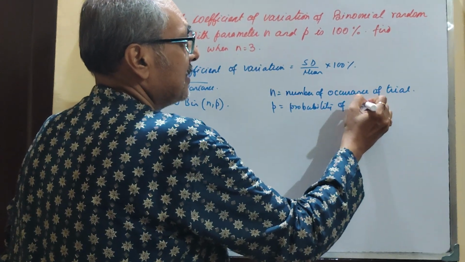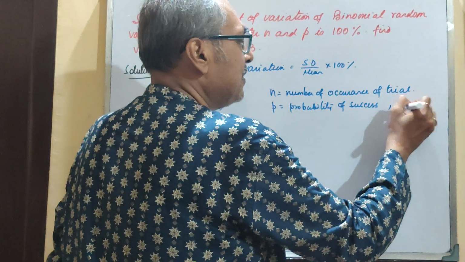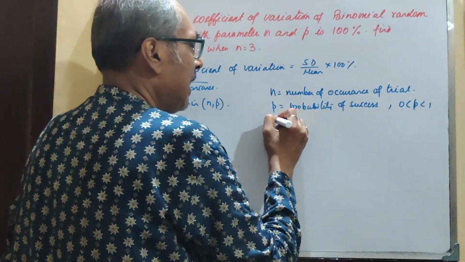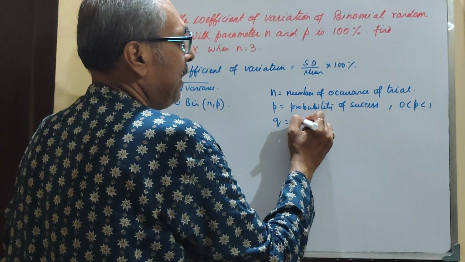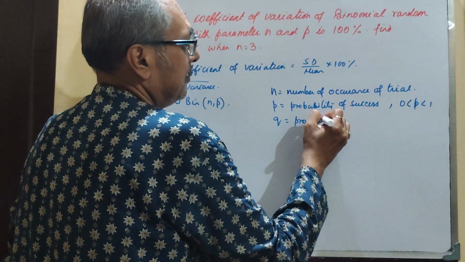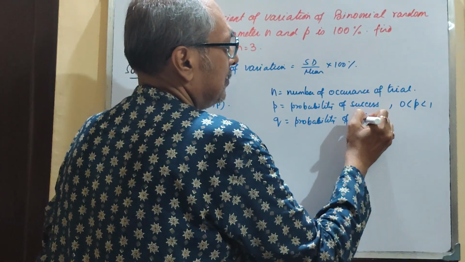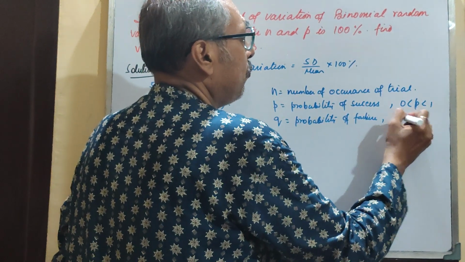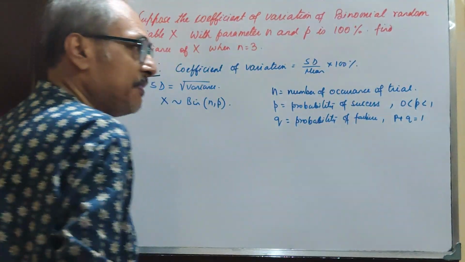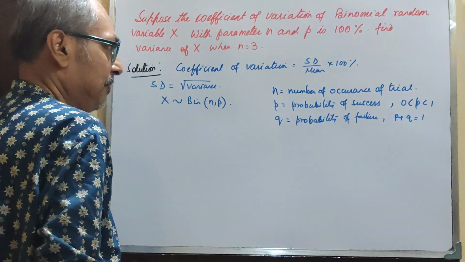Since p is a probability, it lies between 0 and 1. And q is the probability of failure, where p plus q equals 1. Since p is a positive fraction, therefore q is also a positive fraction.